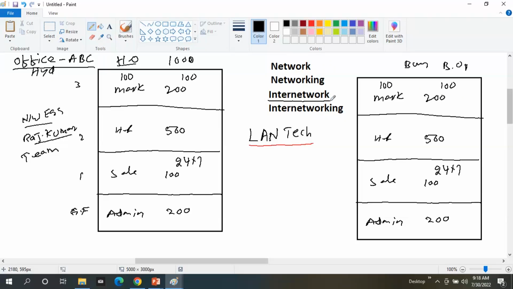It's not possible. So for these two points, internetwork and internetworking, your network team will work closely with the service providers and make the connectivity. When you are working with the internal network, ISP help is not required because we need to manage everything.